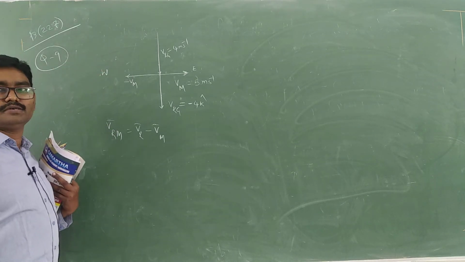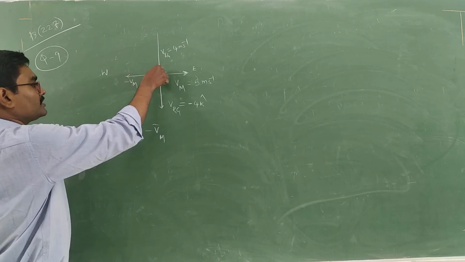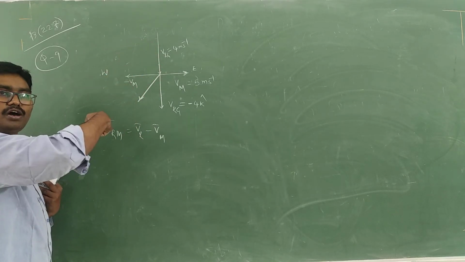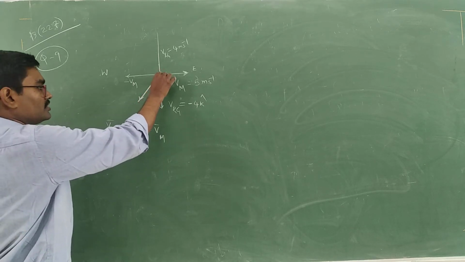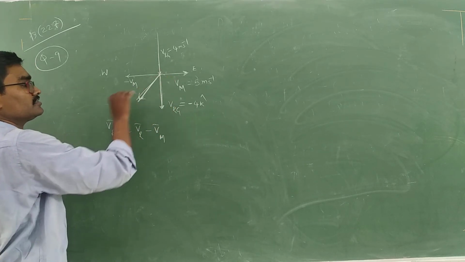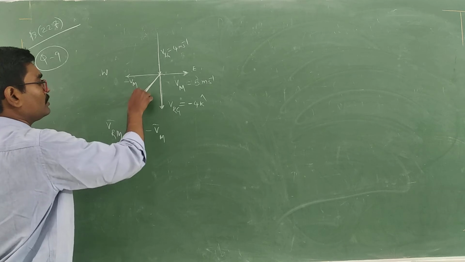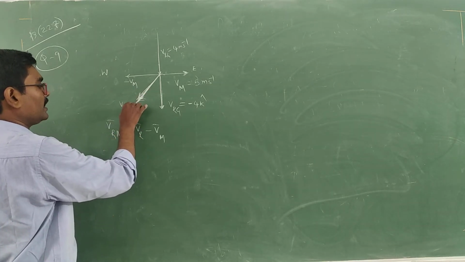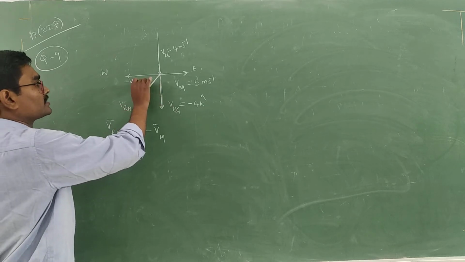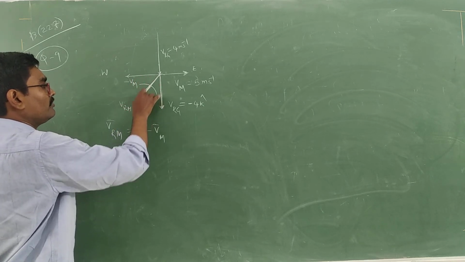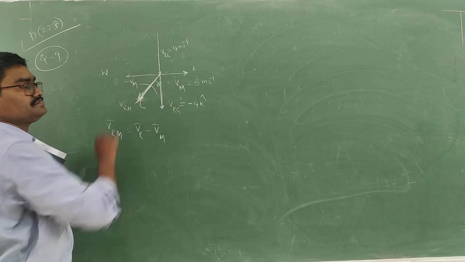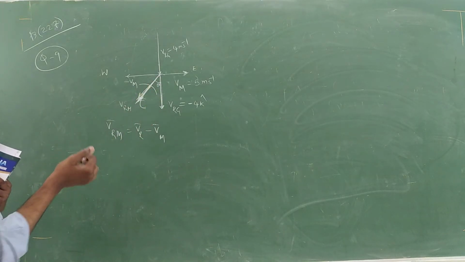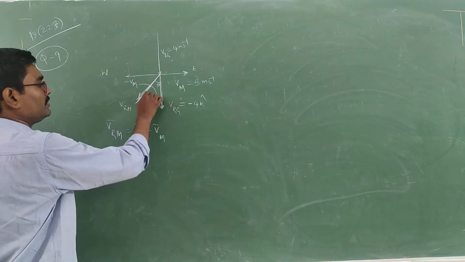Now, what should be the direction of the resultant? In this quadrant only. Rain will appear to fall in this direction. So in this direction you have to hold the umbrella with the vertical, so that rain does not fall on you.